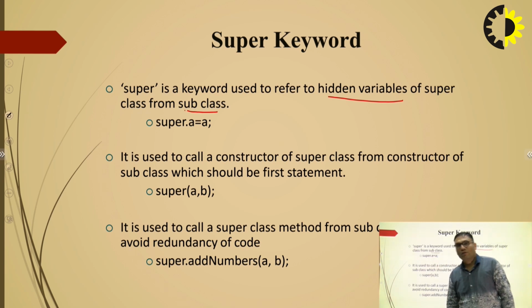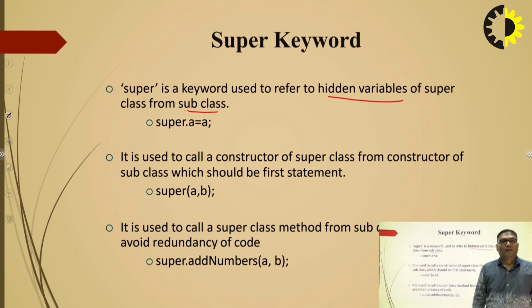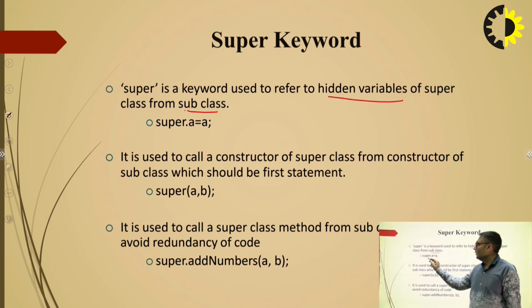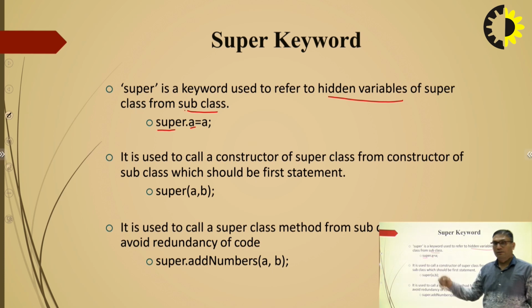If I want to access the variables of a superclass inside the subclass, then we can use the super keyword. Here is an example: super.a. A is defined inside the superclass, and I am accessing this value inside the subclass.